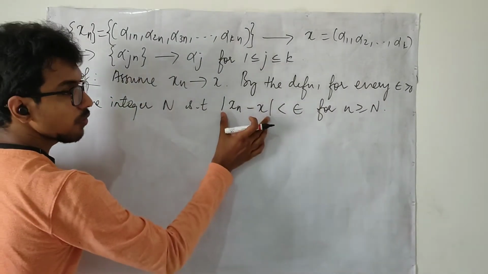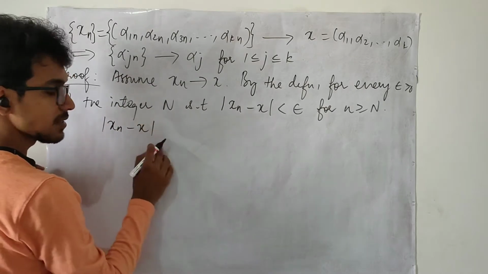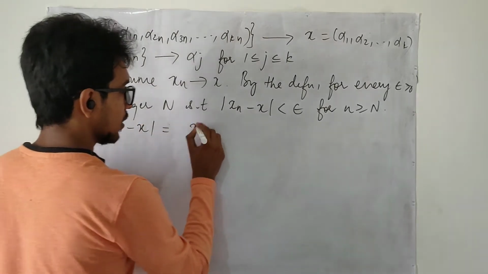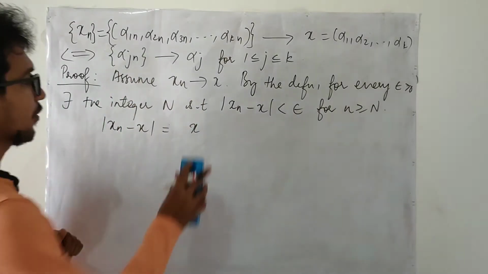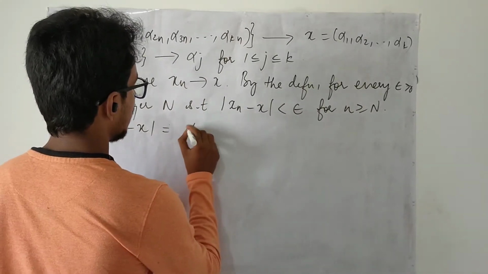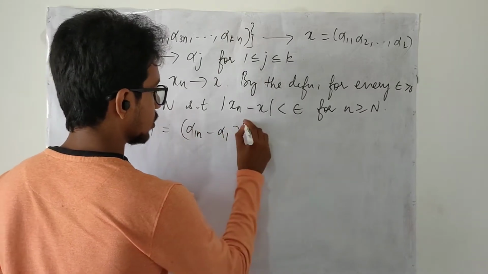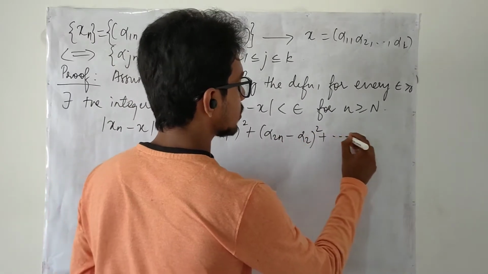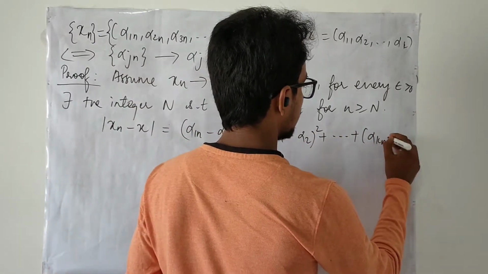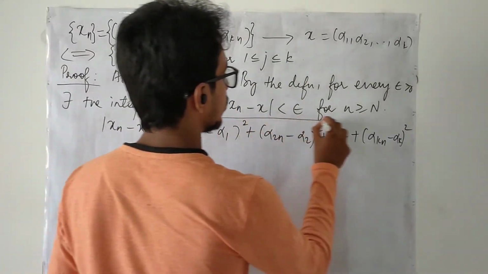Right? Okay, now we will have to expand this one. What is the absolute of xn minus x? What is the first entry here? It is alpha 1n, right? So, alpha 1n minus alpha 1 whole square plus alpha 2n minus alpha 2 whole square, and it goes till alpha kn minus alpha k whole square, under root.